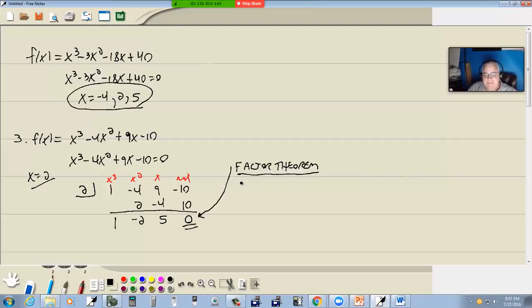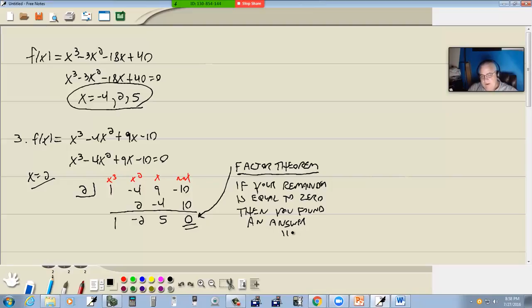What this says, if you're in the middle of this process, if your remainder is equal to 0, then you found an answer.